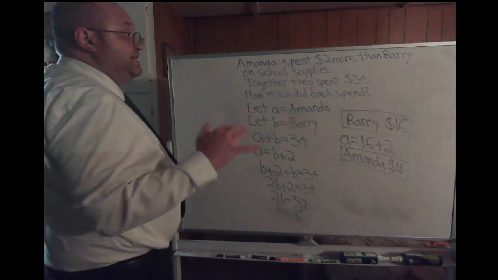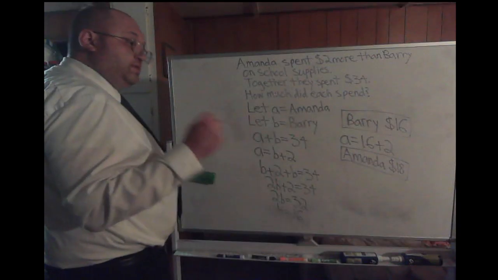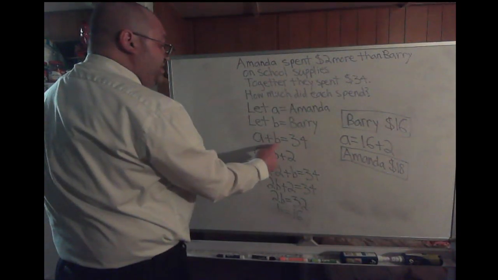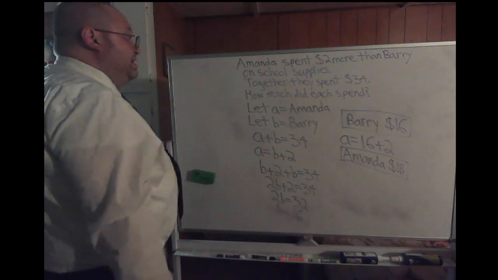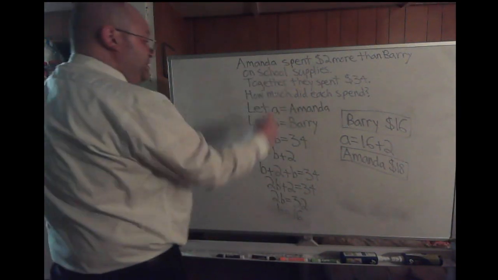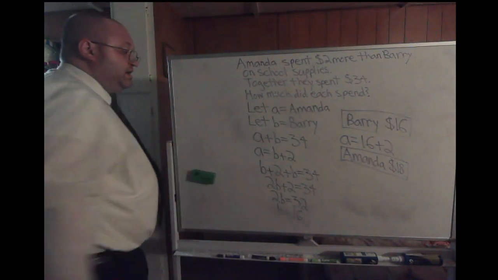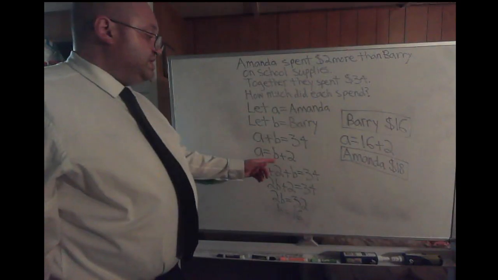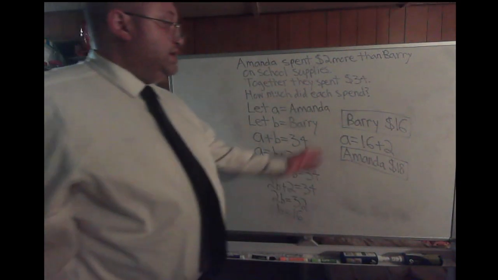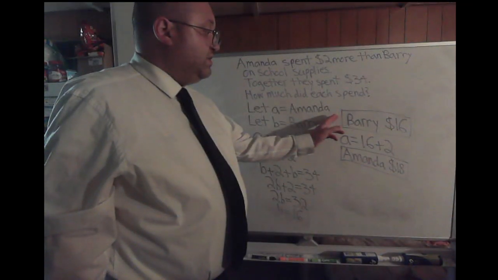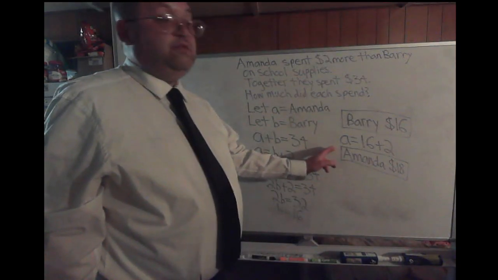If they do have a together, like they spent or they wrote or they made, start there. Like together, Amanda and Barry, they spent $34. That's an example. Now, in the first sentence, it tells us Amanda spent $2 more than Barry, so Amanda's amount would equal Barry's plus 2. You can do some substitution, take that Barry plus 2, put that in place of Amanda's, and then you do some algebra. You come up with Barry equals $16. Substitute Barry's amount into the substitution equation. You get Amanda's equals 18.